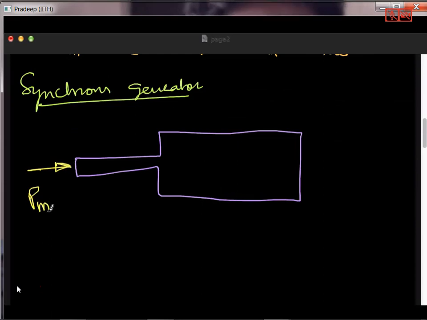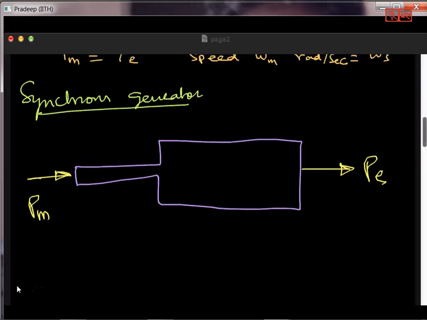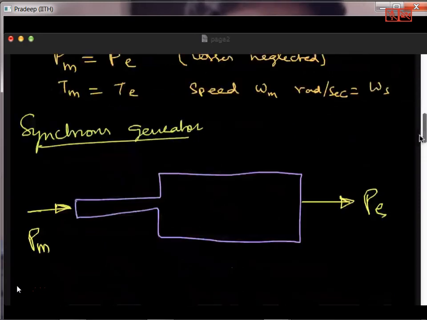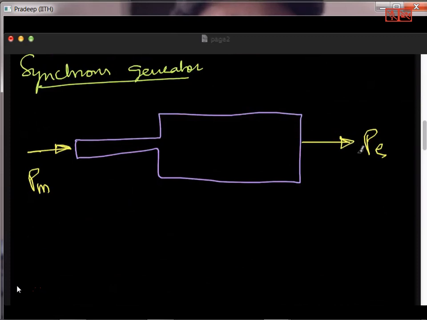There is a steam turbine, or a water turbine, or some kind of mechanical input. That input is going to the shaft and the output is electrical power PE. Just the directions have reversed. If you compare with the previous one, PE is going into the rotor and PM is coming out of the shaft, whereas here PM is going into the shaft and PE is coming out of the rotor.